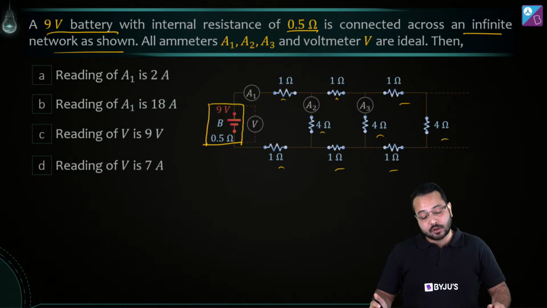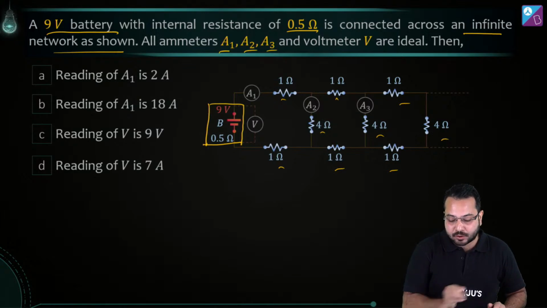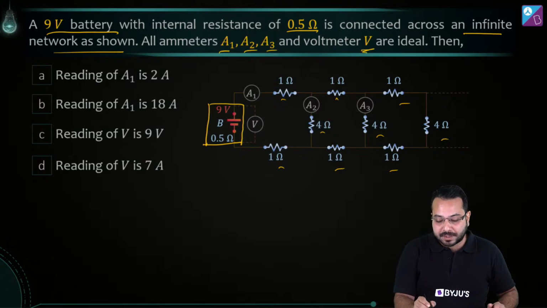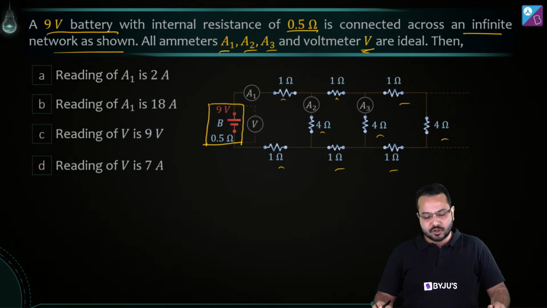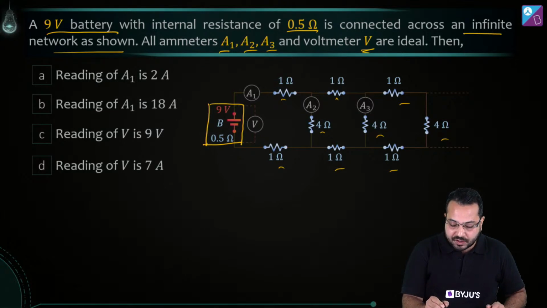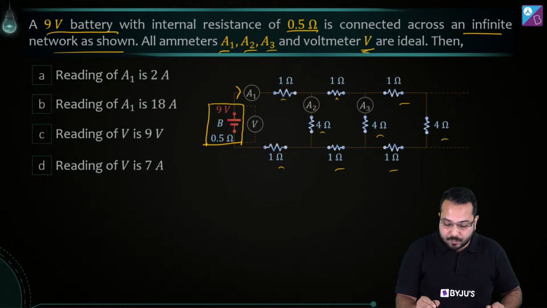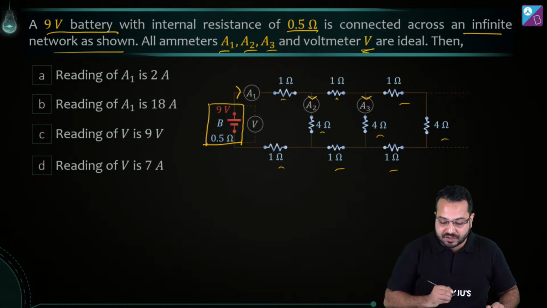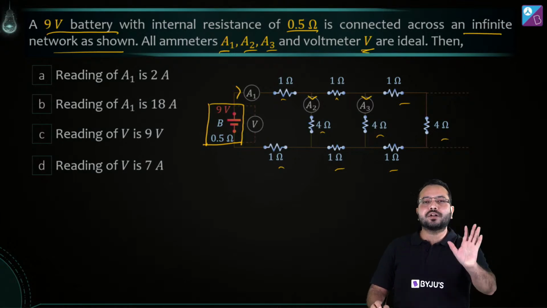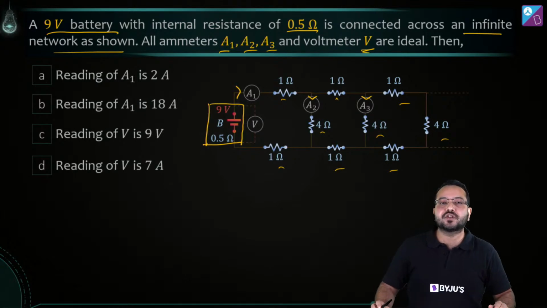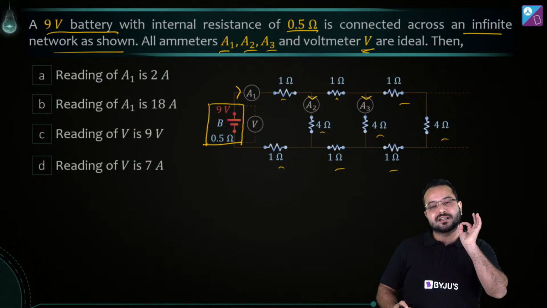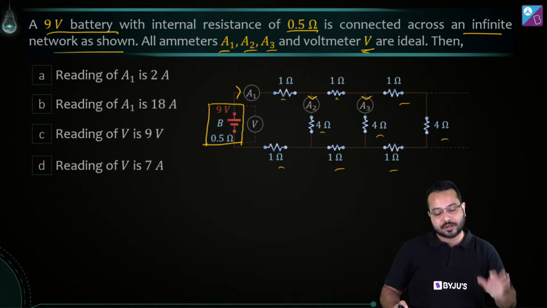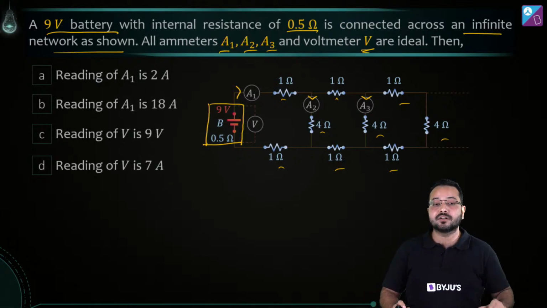Now all ammeters A1, A2 and A3 and the voltmeter are ideal. So what is A1? A1 is going to measure the current over here, A2 is going to measure the current over here, A3 is going to measure the current over here. The important thing is, what is this V measuring? Is V measuring the potential difference across the battery only? Remember that this battery has internal resistance.